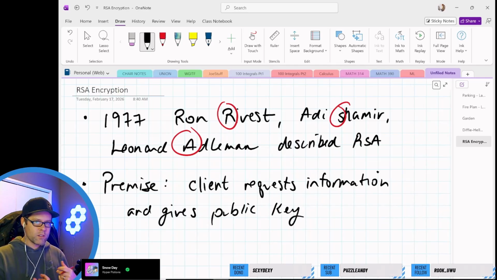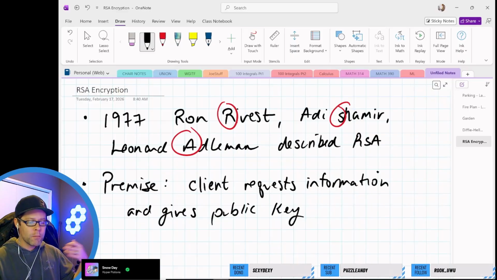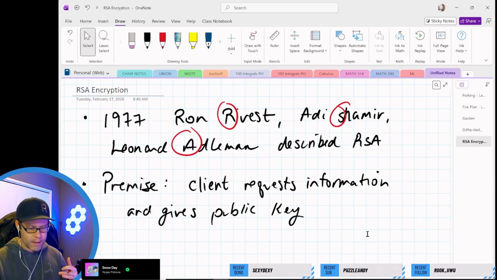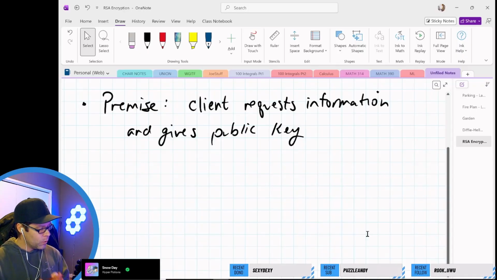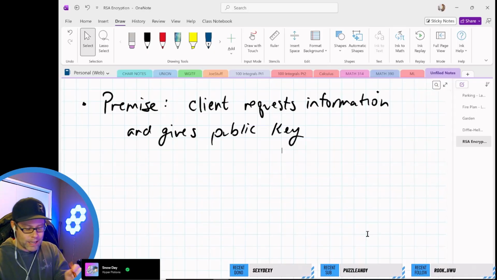And we'll give away what's known as the public key. So the client's actually going to have both the public key as well as their own private key, but they're going to give part of that information away. In this particular algorithm, they're going to give that public key away when they go to make the request. The server is going to use the public key to do the encryption.